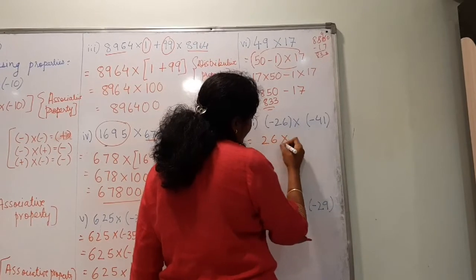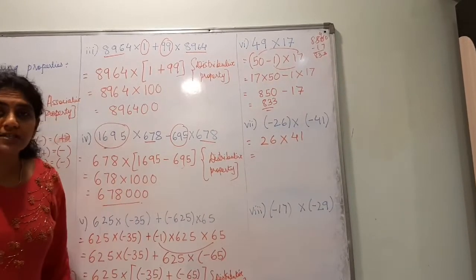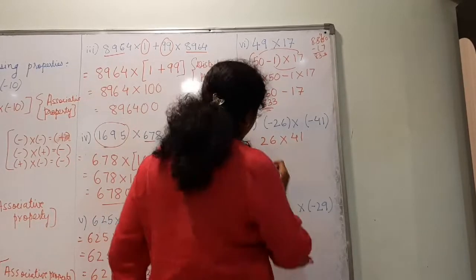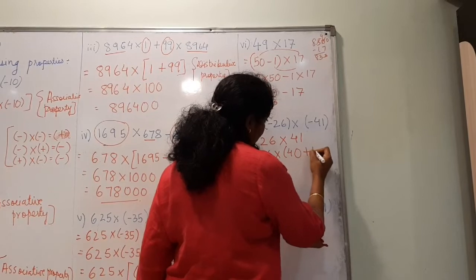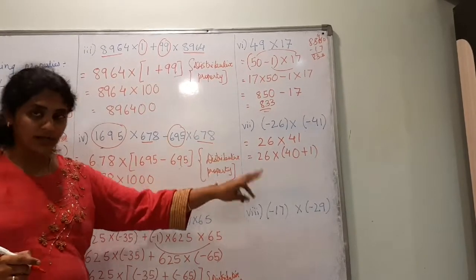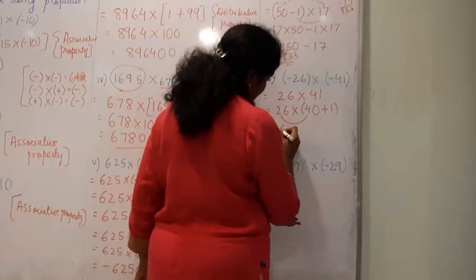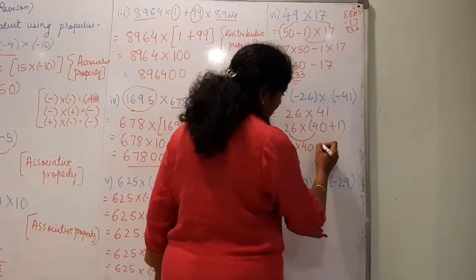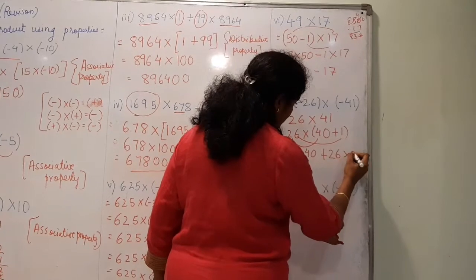So I can write 26 into 41. Now how to use the properties? Break 41 as 40 plus 1. This is also the distributive property. Now multiply 26 with 40 plus again multiply 26 with 1.